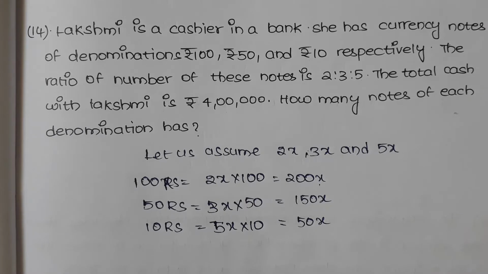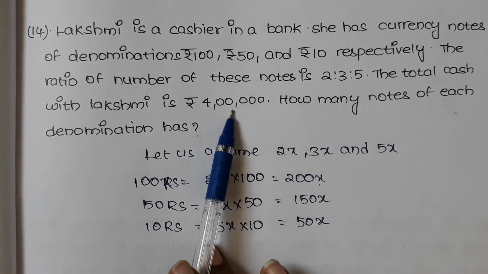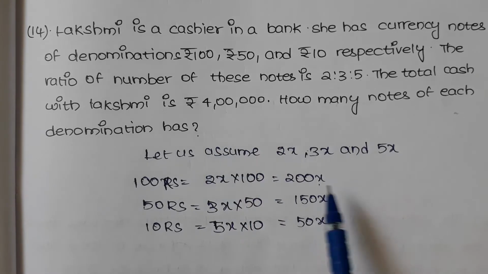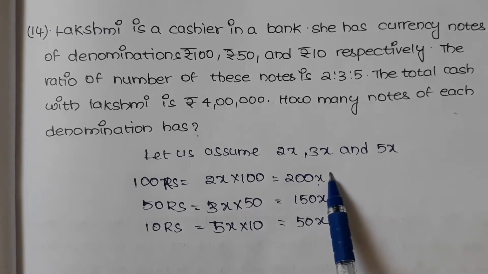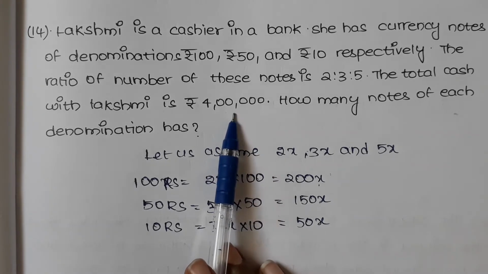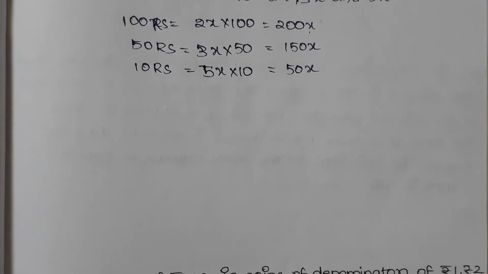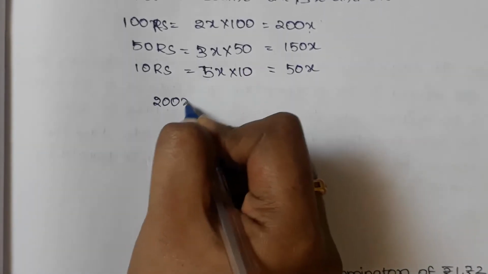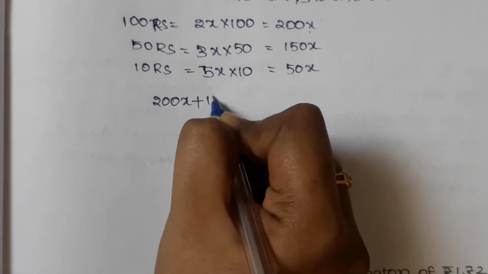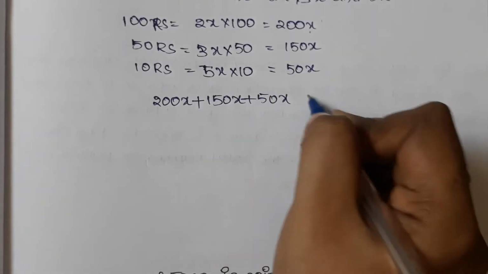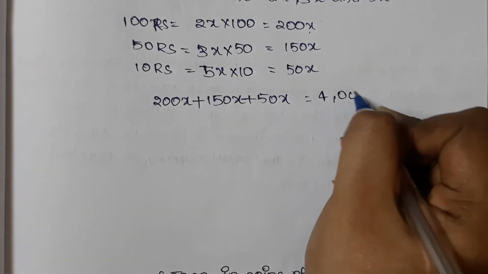Now they said that according to the question she has a total amount of 4 lakh rupees. When we add all these amounts, she will have 4 lakh rupees. Now let us see, that is 200x plus 150x plus 50x equals 4 lakh rupees.